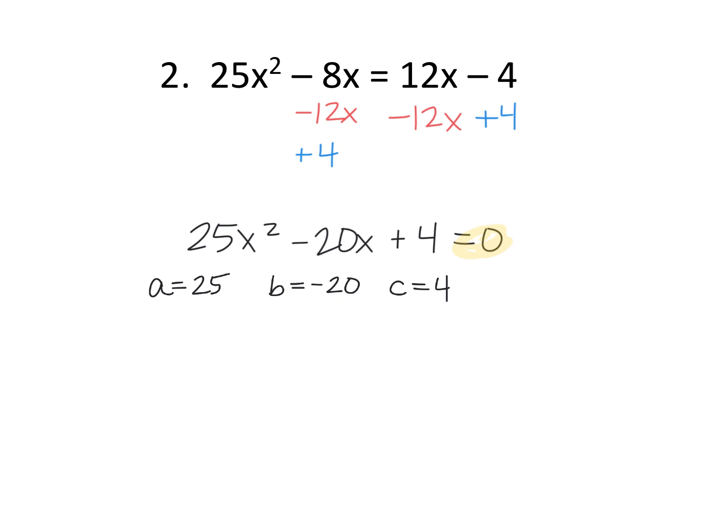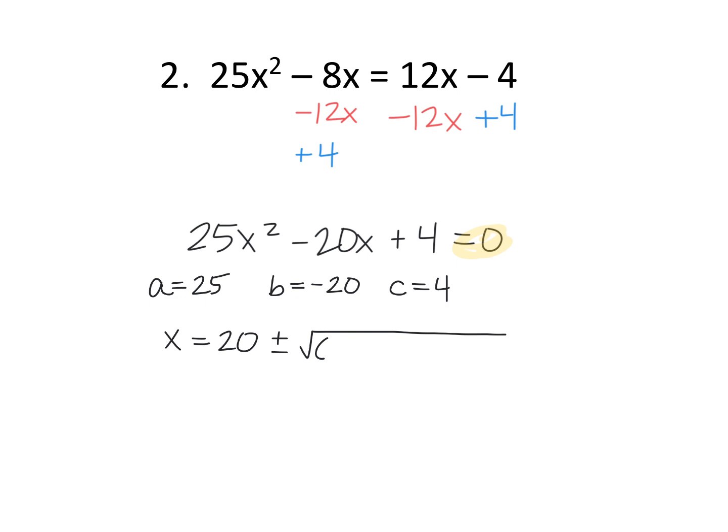So now we will go to our little formula. Plug it in. X is equal to the opposite of B, which is why you see negative B. So if it's negative 20, I would make it positive 20 plus or minus the square root of B squared.